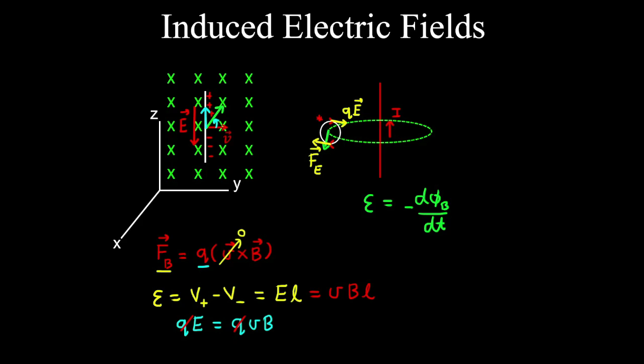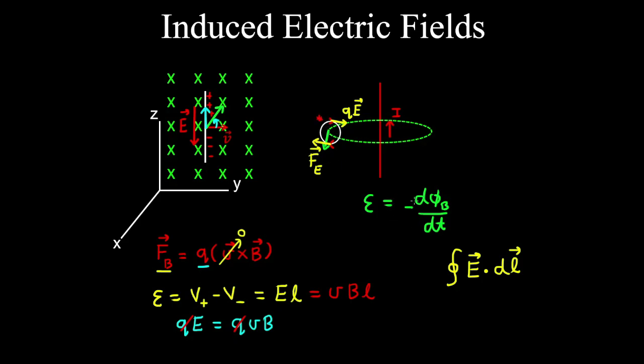And the work done by the electric force to move the charge around the closed path can be written as a line integral. So that will be the integral over the closed path of the dot product between the electric field and the differential length vector along that path.